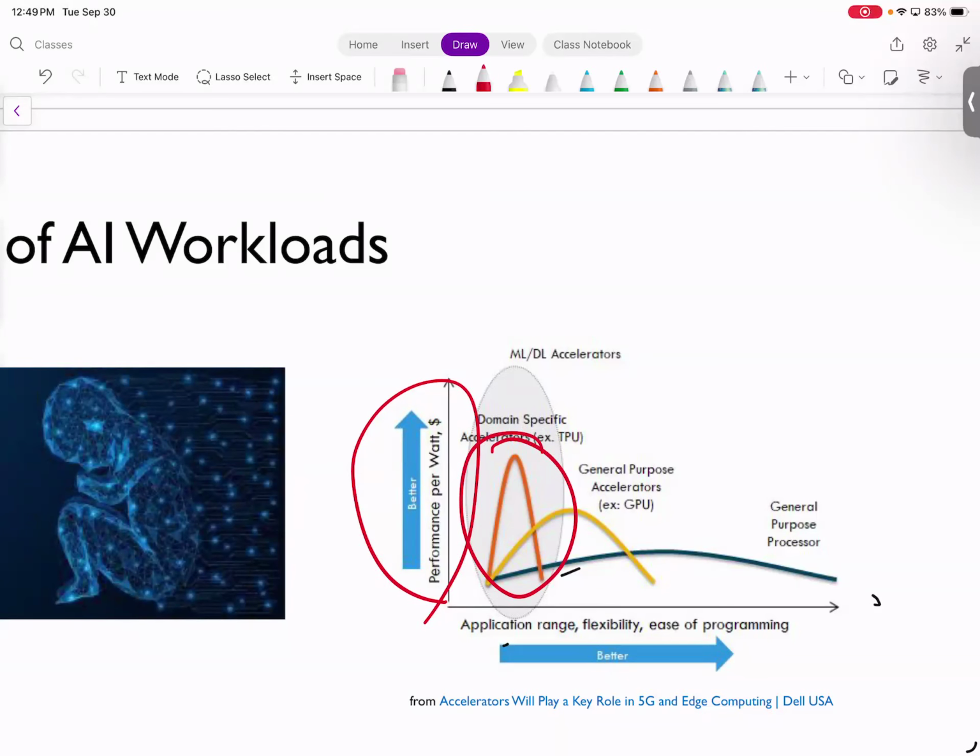They are hardcoded for, let's say, matrix multiplication, but they give you a massive improvement in performance per watt. Okay, so we are now in an era where we need all of them. We need GPUs, we need CPUs, and we need accelerators, but the majority of innovation is happening on the customization side, because we have kind of saturated what we could do on the CPU side.